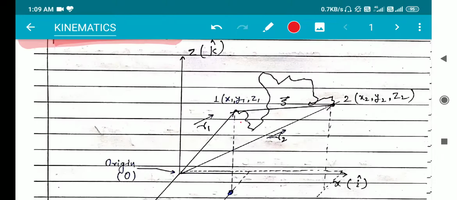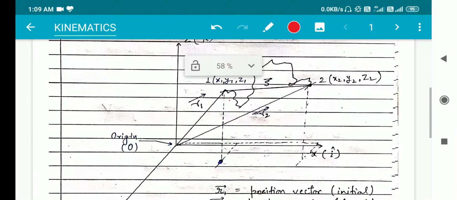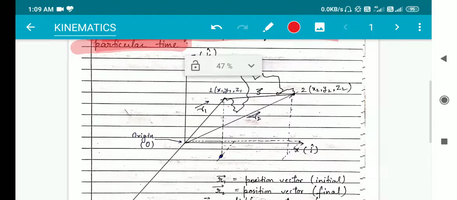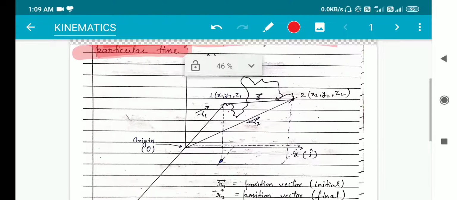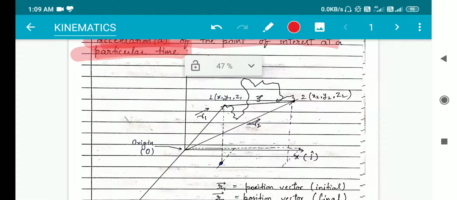Let me show you the graphical representation. Before telling you about displacement, velocity and acceleration, I would like to make clear the difference between displacement and distance.